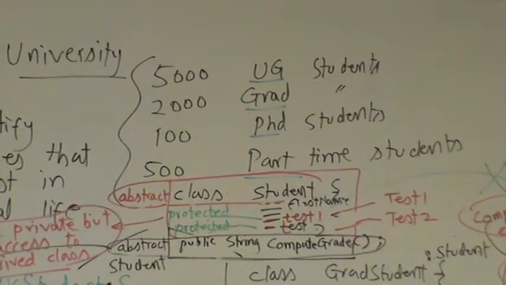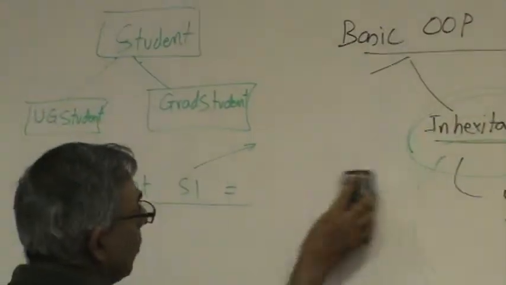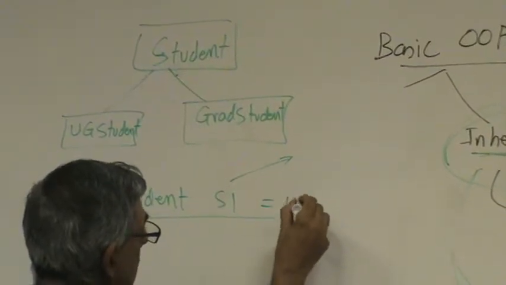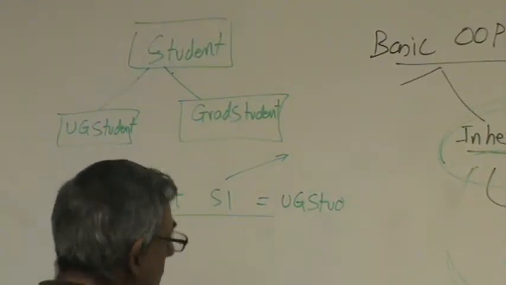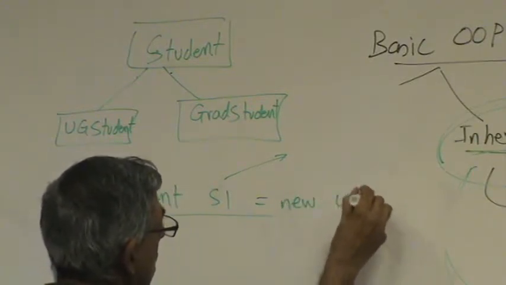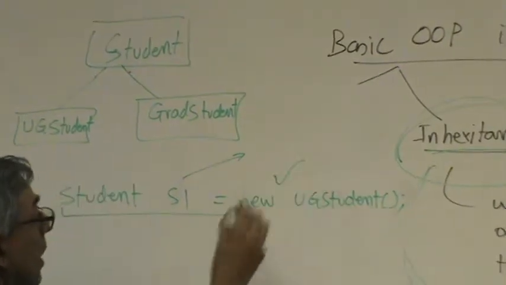Because we declared it abstract, we cannot create a student. But can we create an object of an undergrad student or grad student? Yes, right? So if we did it like this, equal to new UndergradStudent. Sorry, I forgot the new. Okay, so then it's perfectly okay.